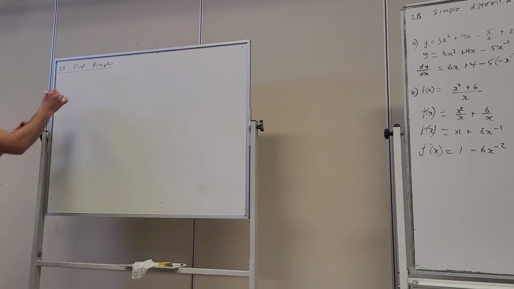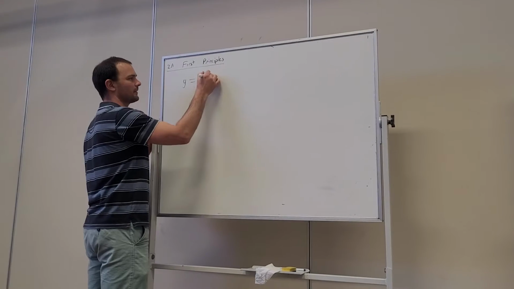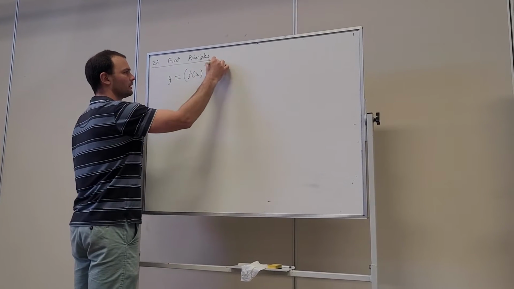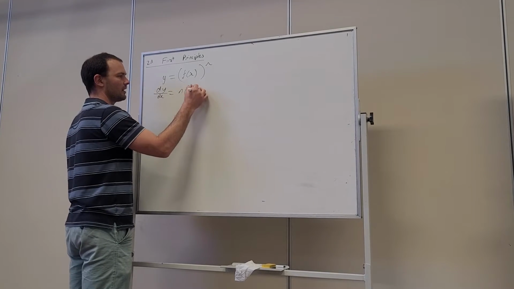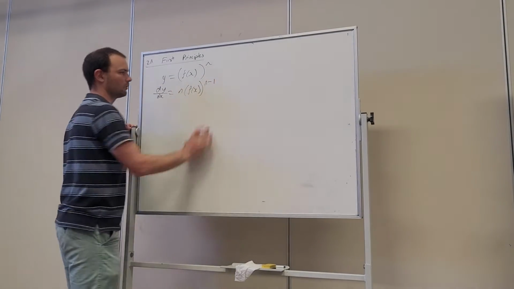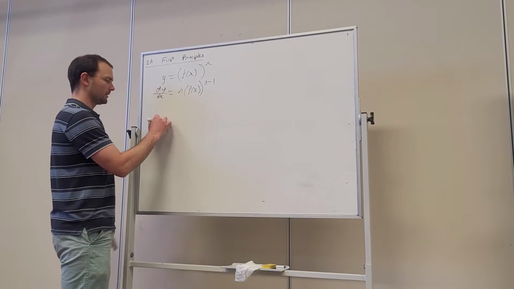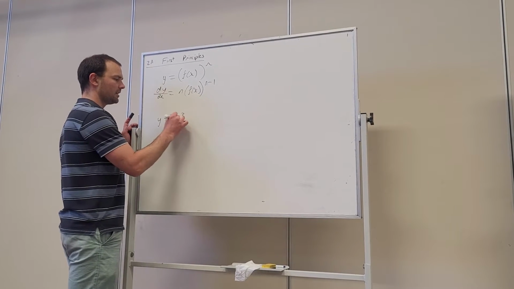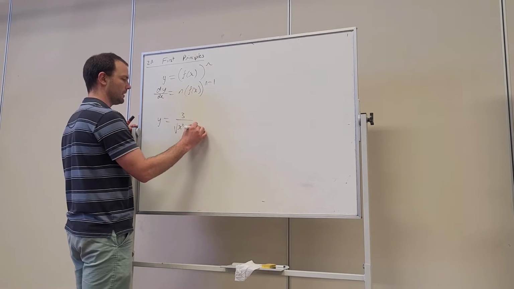So, the chain rule is if we have y equals f of x to the power of n, then dy on dx is n f of x to the n take 1. Okay, so let's do, I'll just make one up here, a reasonably tricky one. Let's go with 3 on top of the square root of x squared take 5x.